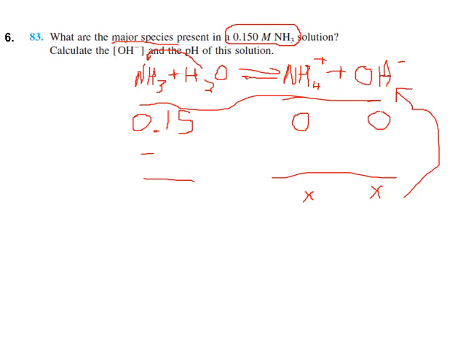We can answer the first question right now. The major species are going to be NH3, H2O, and then let's see what else. Okay, I see what we're missing here. See if you can think of what it is that we need to find X.